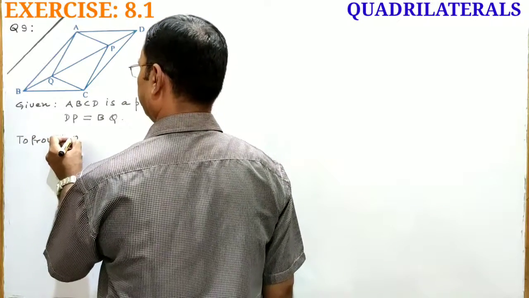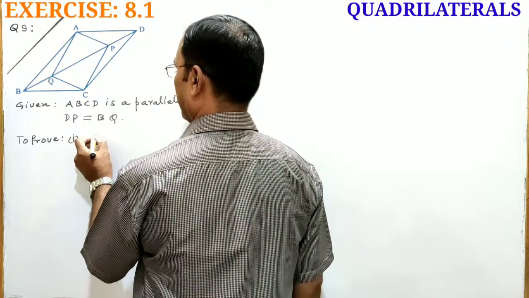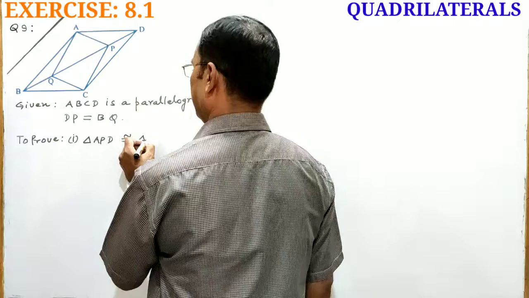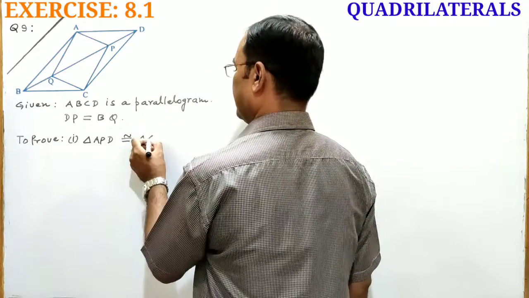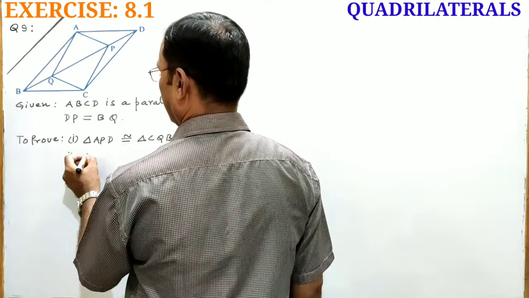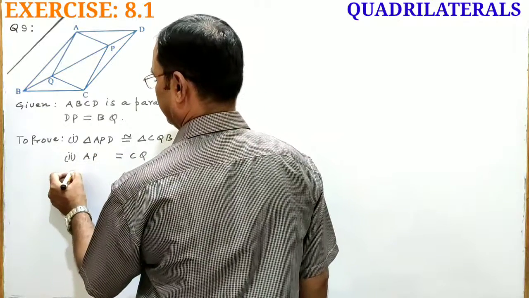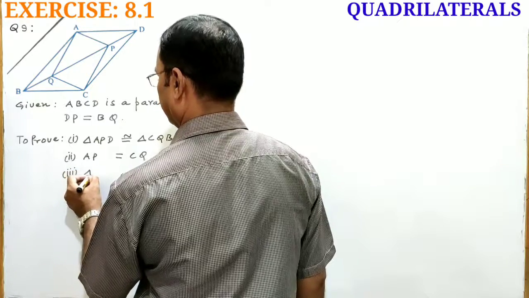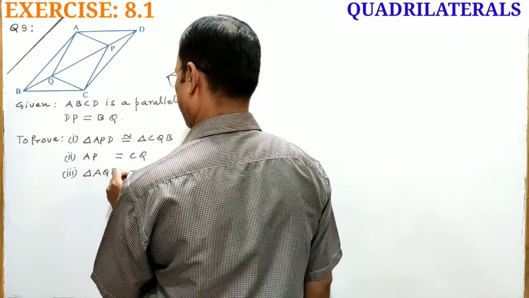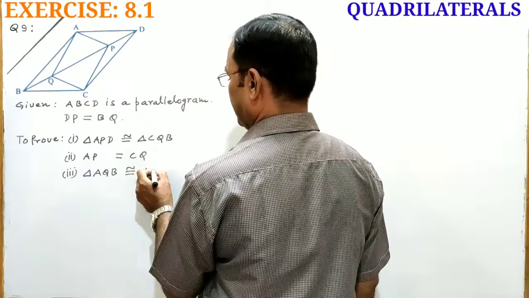To prove: triangle APD is congruent to triangle CQB. AP equal to CQ. Triangle AQB congruent to triangle CPD.